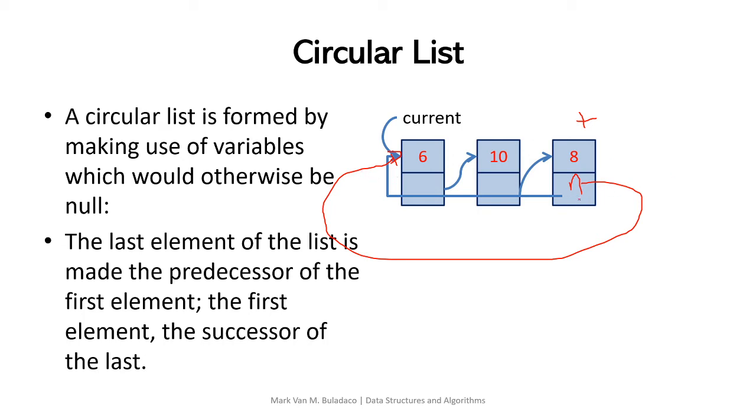Before, that was empty. Now in a circular list, it's different. The next field of the tail is referring to the info of the head node. Okay?